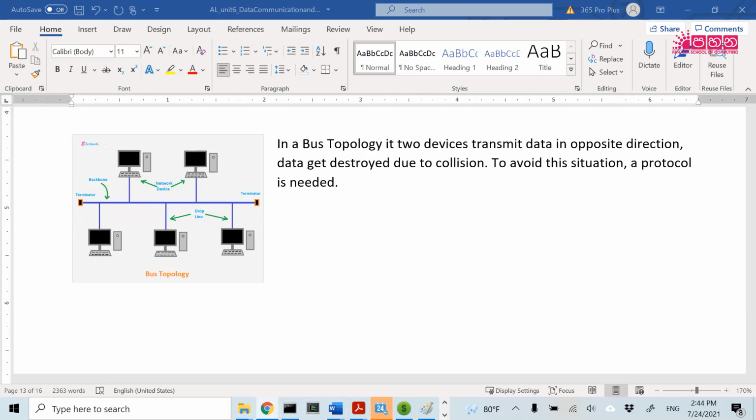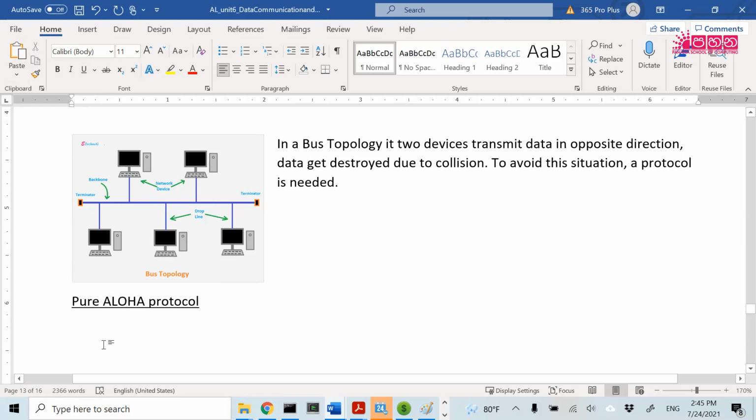There are many others, and then we can use a protocol. One protocol is called pure aloha. I will explain what this means. Again, I'm repeating: a protocol means a set of rules to transmit data without any collision.